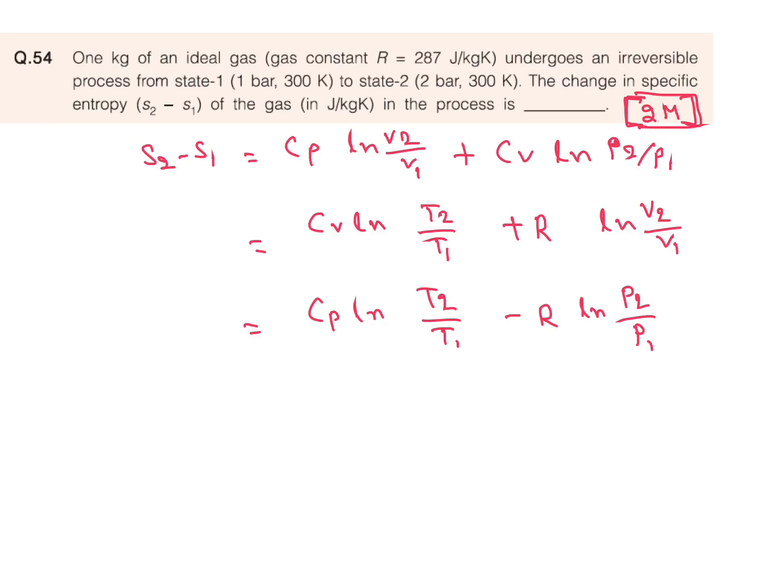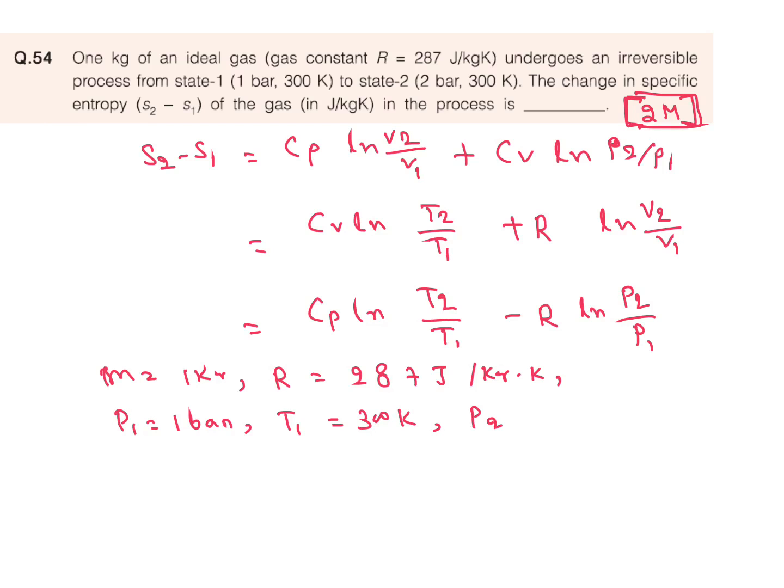So here data given are: mass is 1 kg, R is 287 joule per kg Kelvin, irreversible process. P1 given 1 bar, T1 is 300 Kelvin, state 2 pressure P2 is 2 bar, temperature T2 is 300 Kelvin.